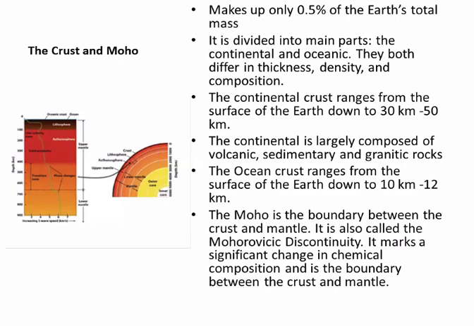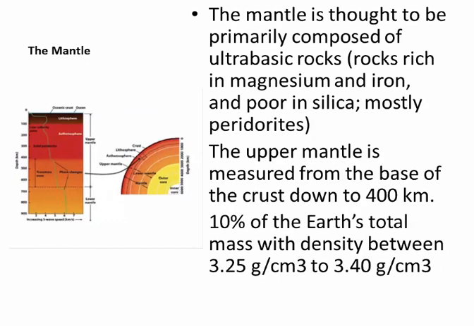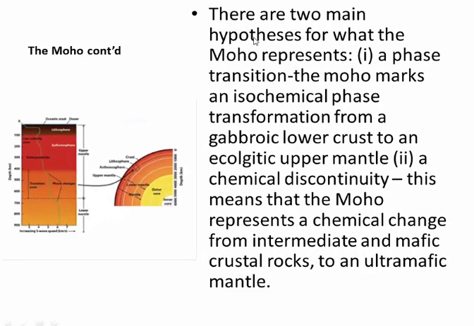And also, there is a phase transition between that layer. So a phase transition and the chemical composition are the two hypotheses for why that region is referred to as the Moho.